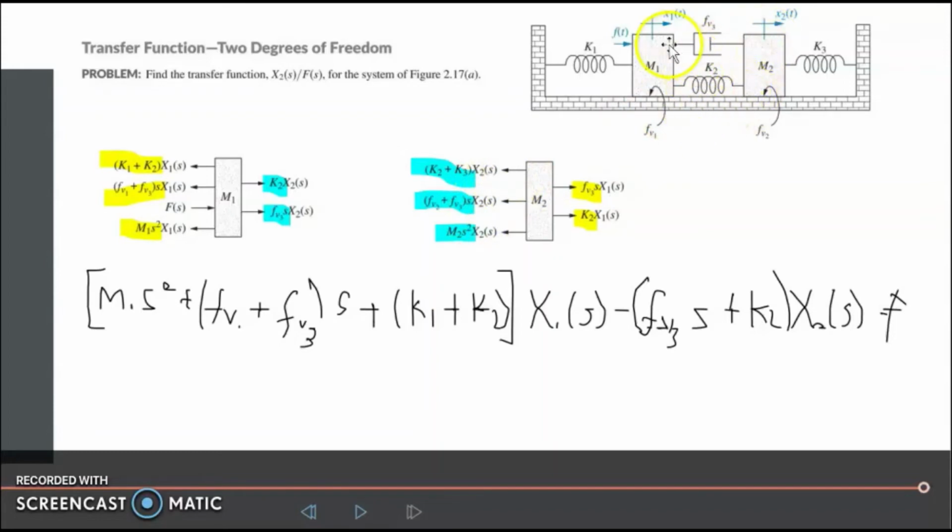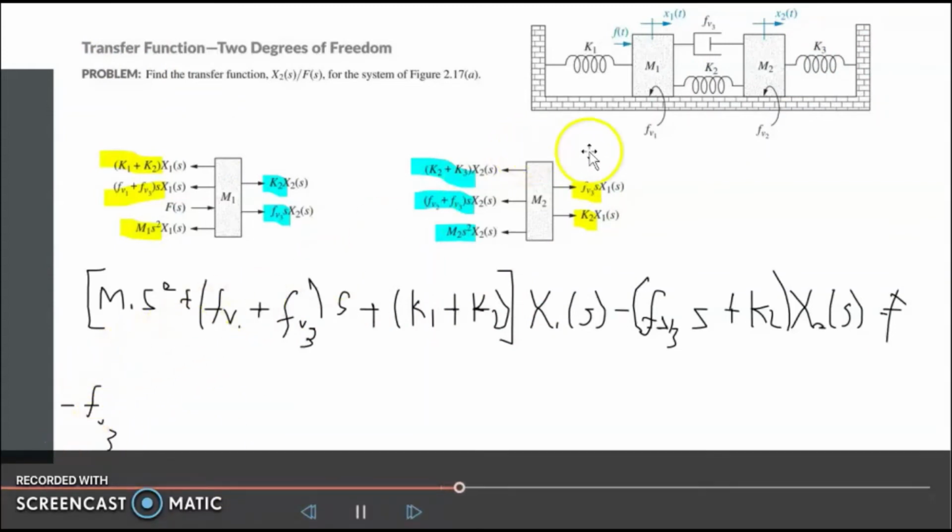But again, imagine that you hold M2 still and M1 is moving to the right, you have another set of forces, impedances, applied to M2. So there's Fv3, the damper relative to X1, and K2, the spring relative to X1. So you list down the second equation, for M2.